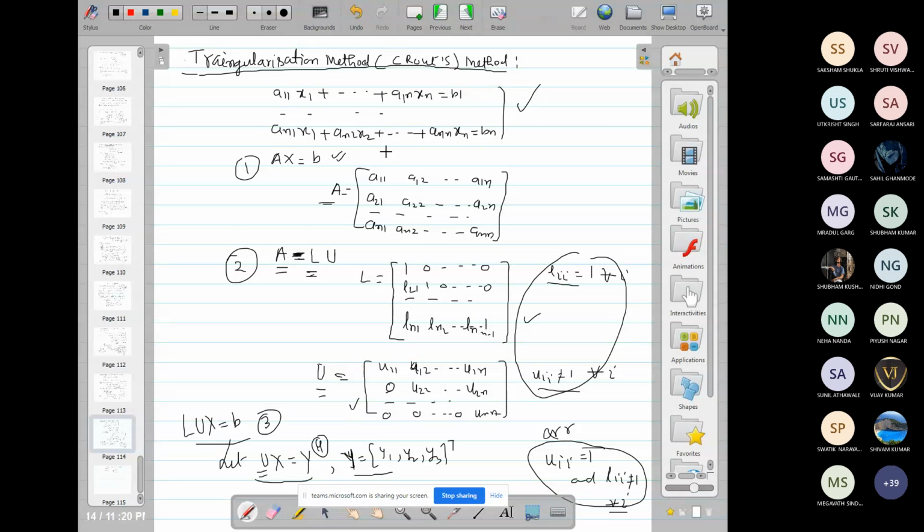If the coefficient matrix is positive definite, we certainly obtain the solution. Otherwise, this method fails. Sometimes the coefficient matrix is not positive definite, but by interchanging the equations, suppose first to second or first to third, it may become positive definite, and we can apply this method.